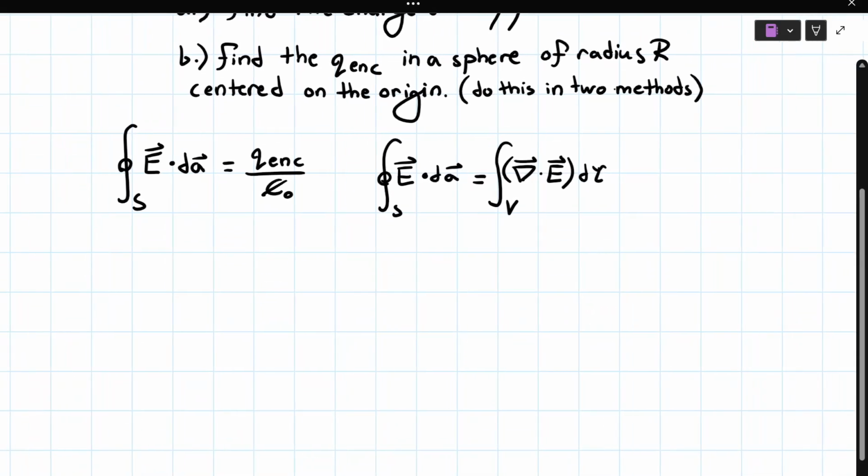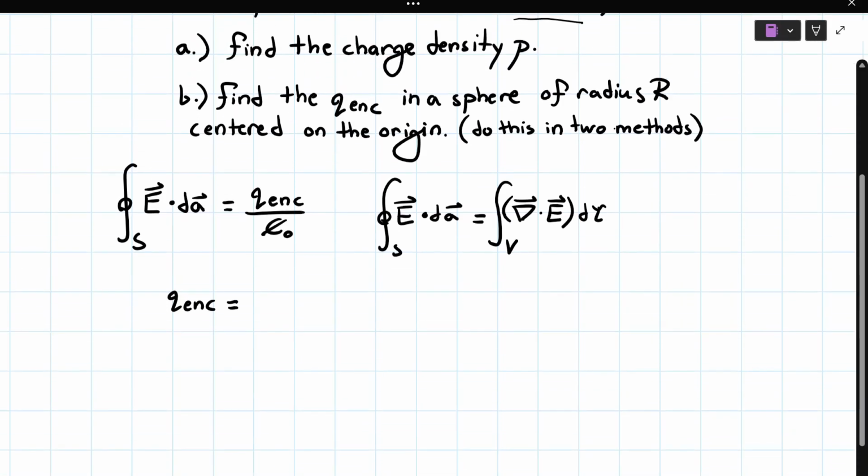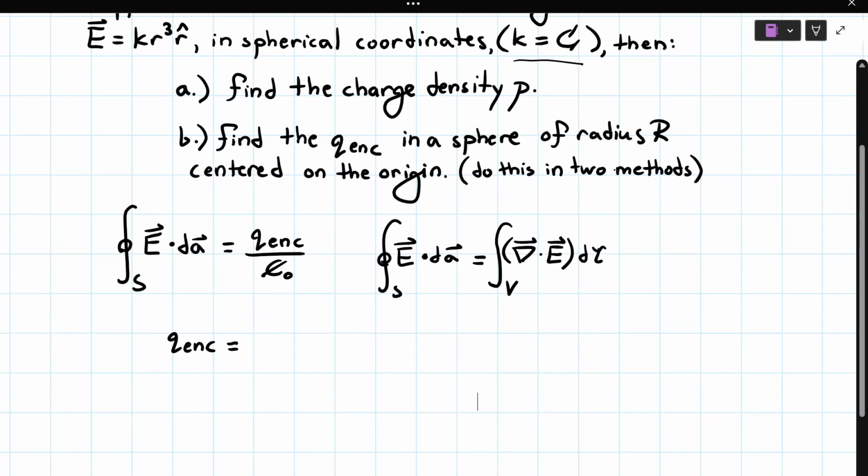We also can put Q enclosed, without epsilon naught, in terms of rho, which we are trying to find.